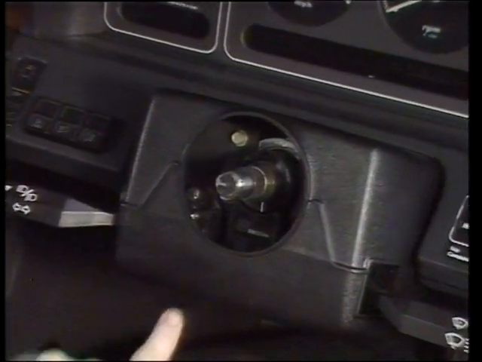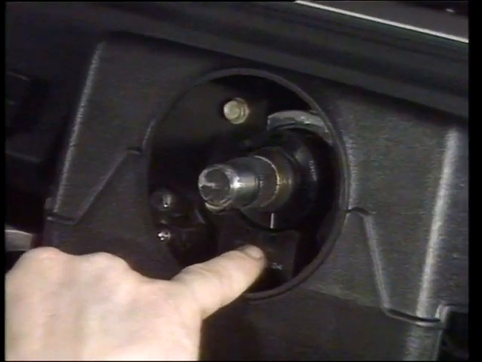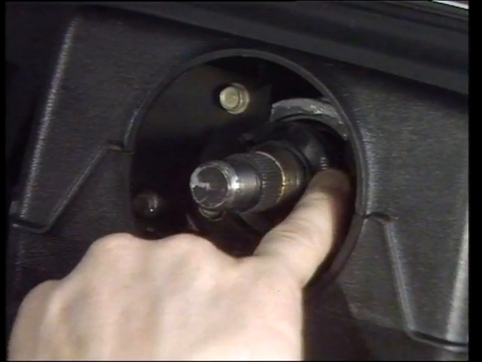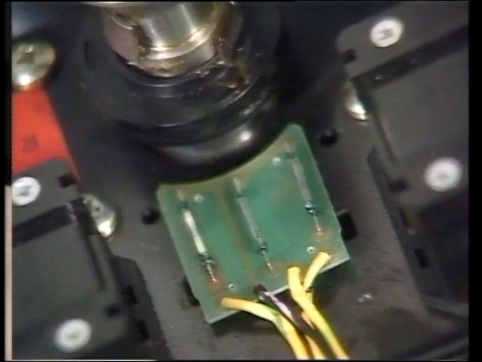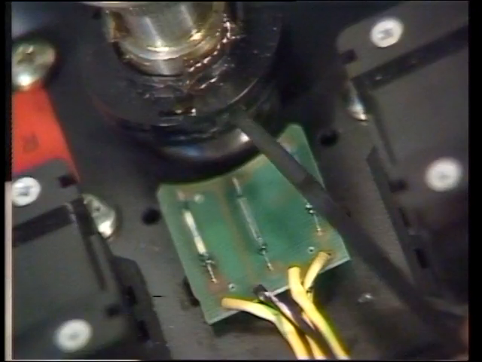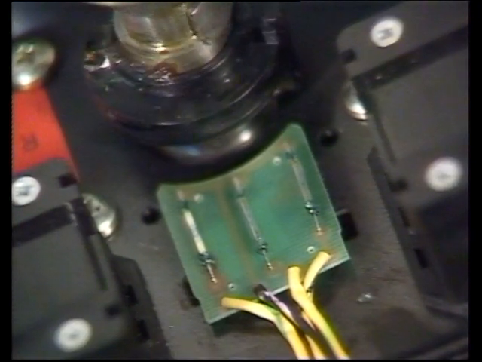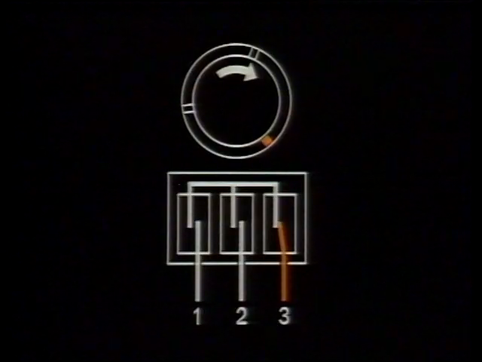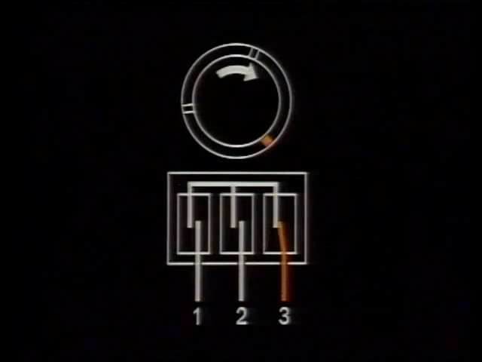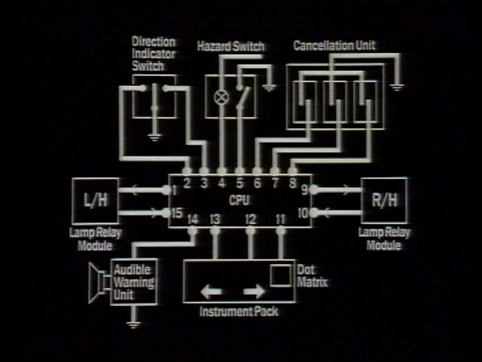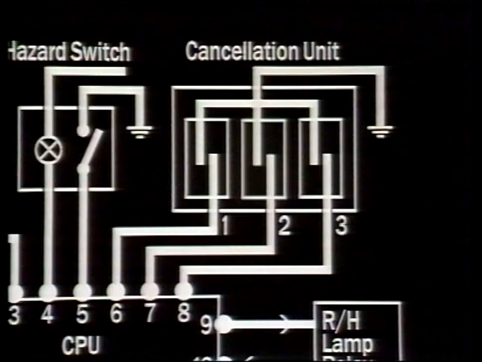These switches are housed in the cancellation unit and are carefully lined up to 3 magnets built into the steering column. As the steering column is moved, the magnets are rotated past the reed switches, which causes them to close in sequence. If the steering column is being turned right, the reed switches will be closed in the order 3, 2, 1. As each reed switch closes, signals are detected by the CPU on 3 separate input lines.